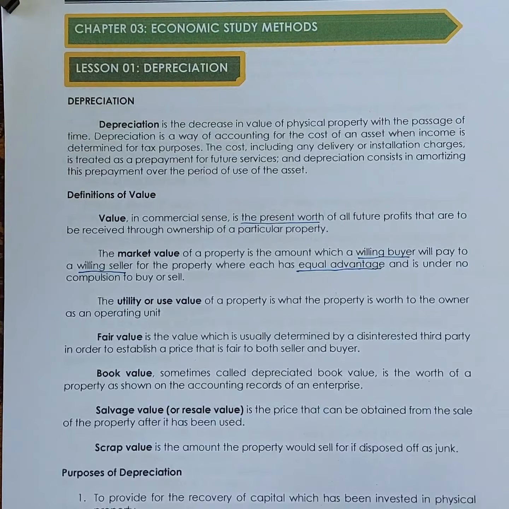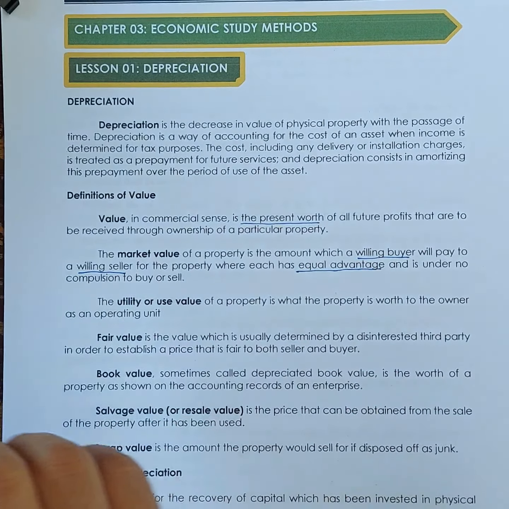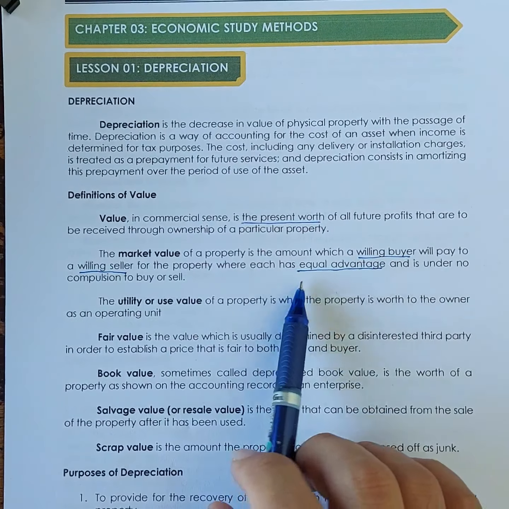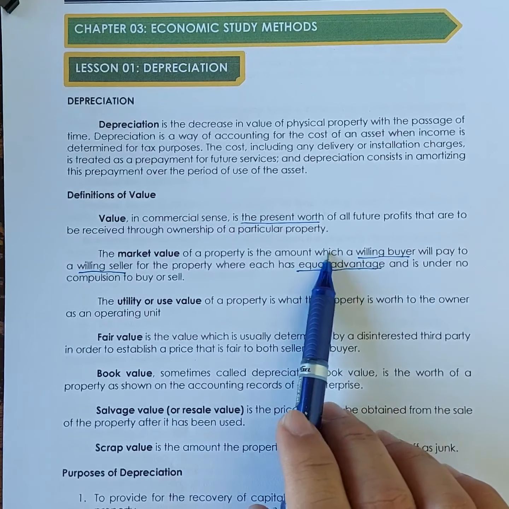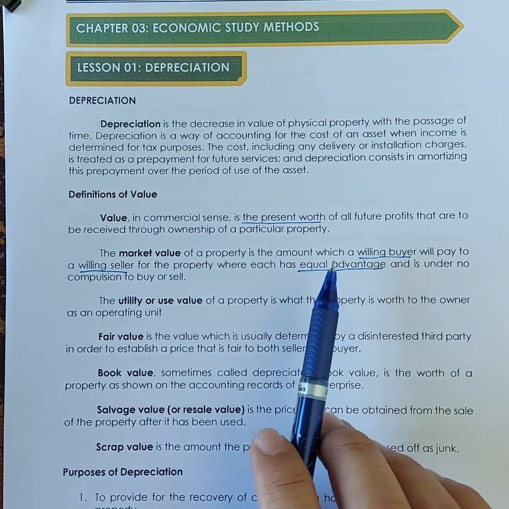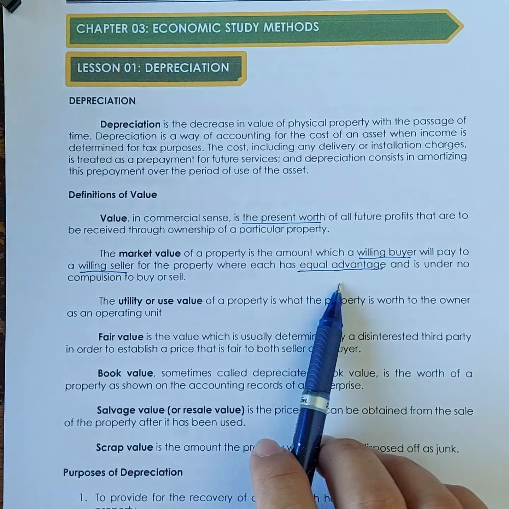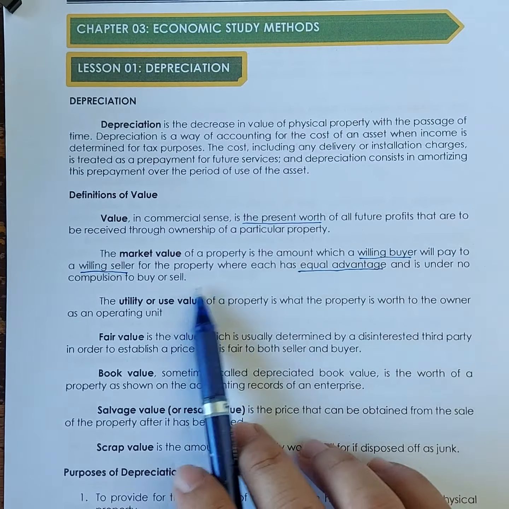So take note that for market value, both the buyer and the seller agree to a certain amount. So each has equal advantage, although this is quite ideal because most of the time, if not always, there's still some level of inequality in terms of the advantage for both parties, the buyer and the seller.